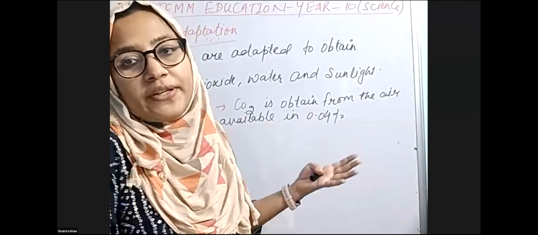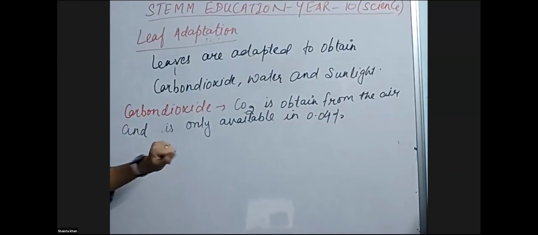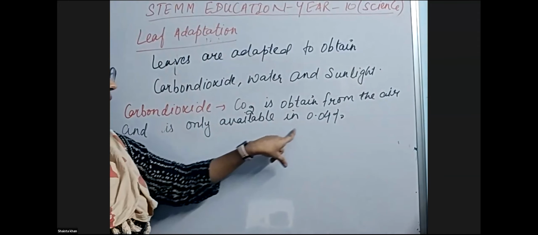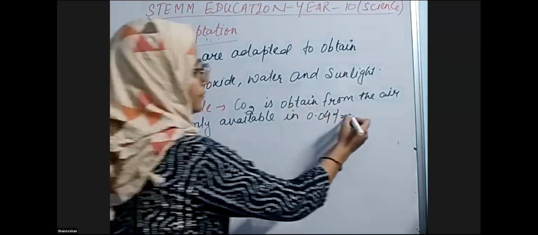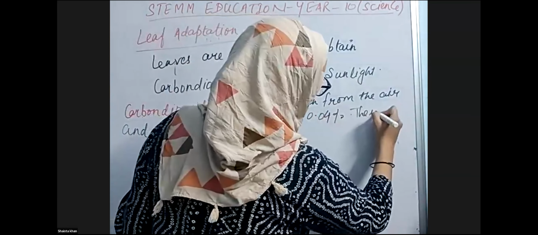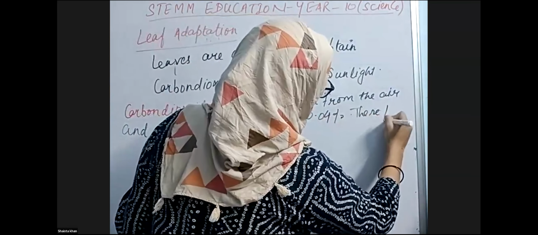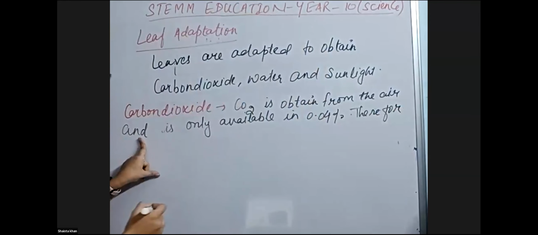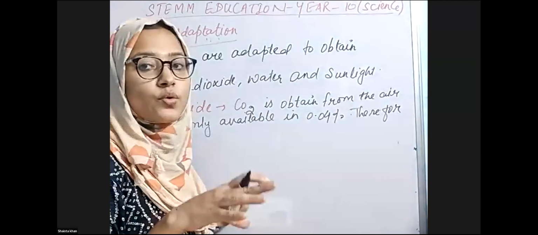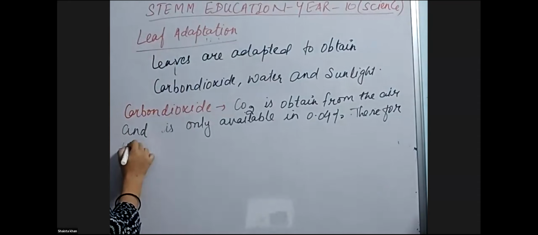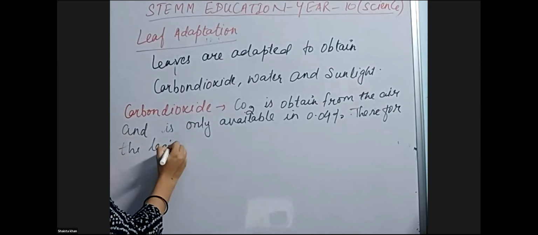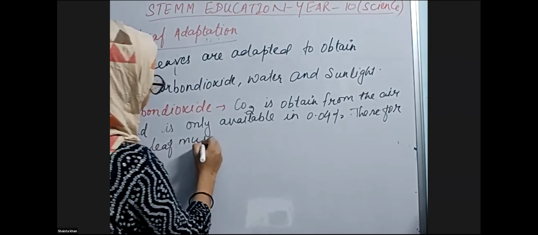So carbon dioxide obtained from the air is only available in 0.04%. Therefore, the leaf must be very efficient. Here you can understand how efficient leaves are.